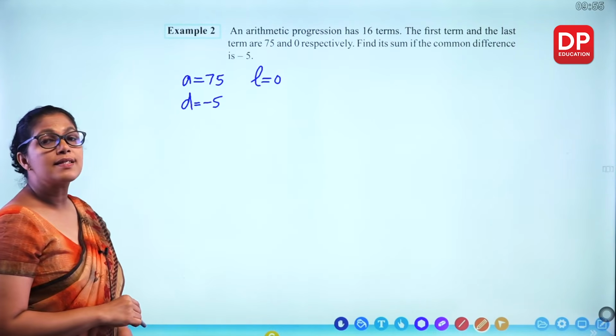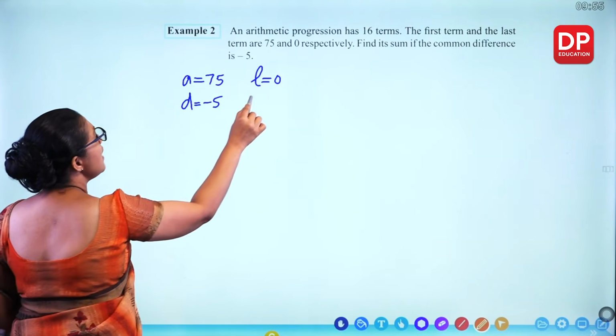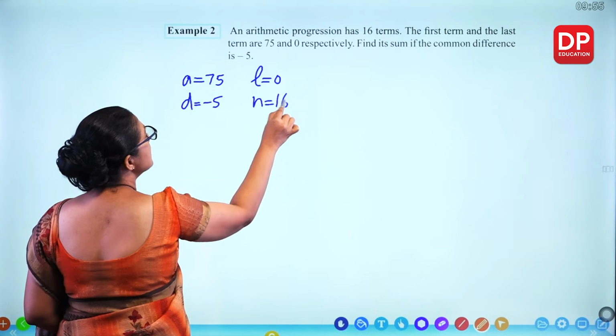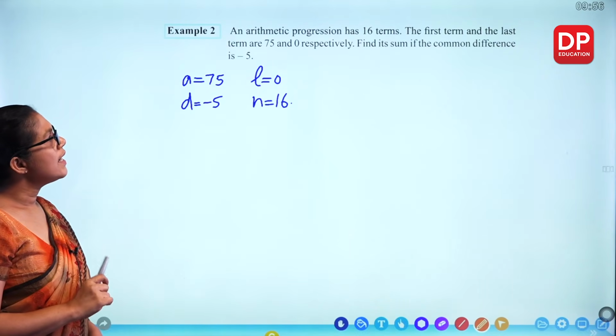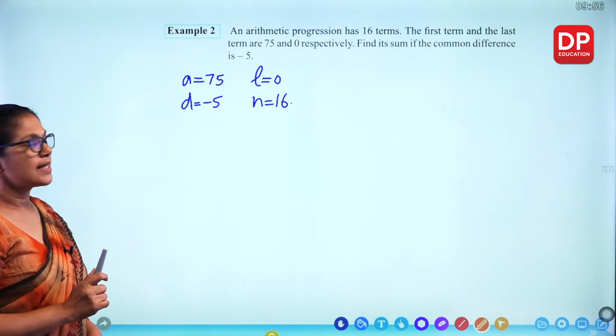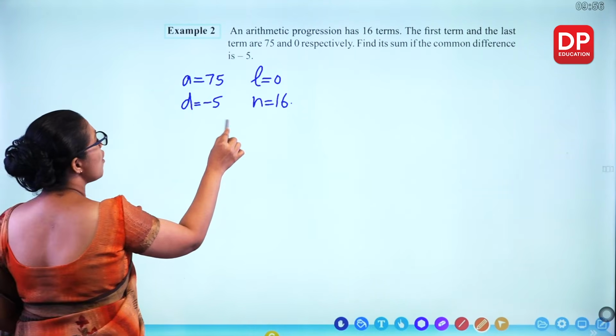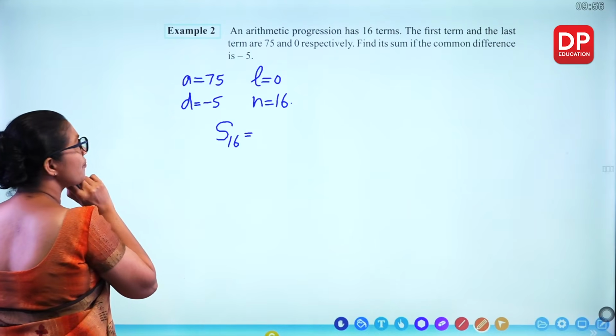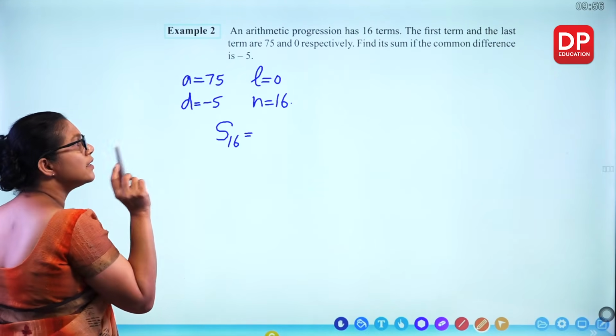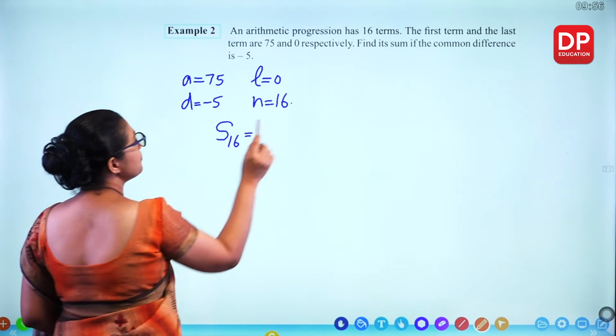And there are 16 terms, n equals 16. So we need to find out S16. We'll plug it into the formula.